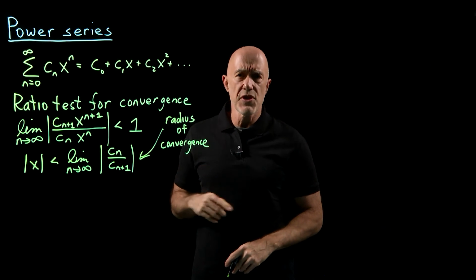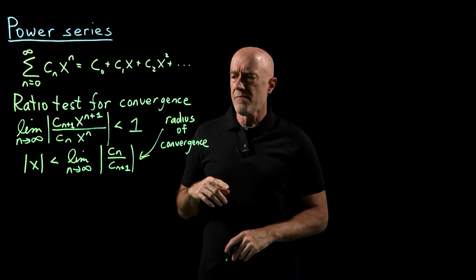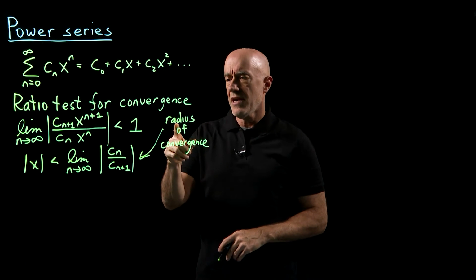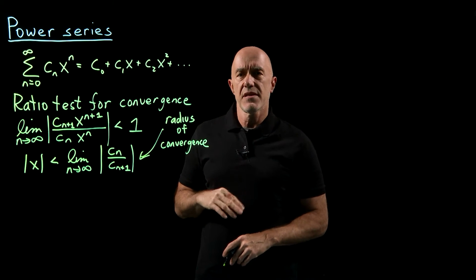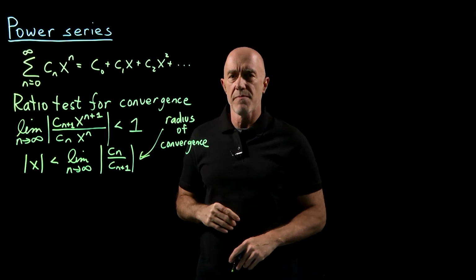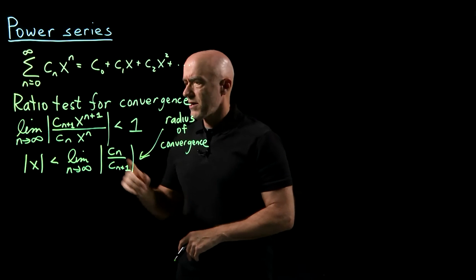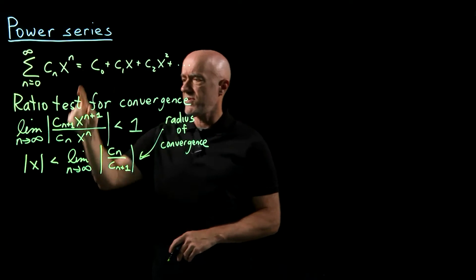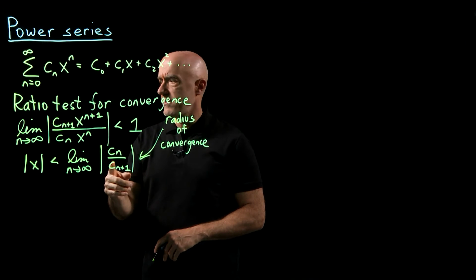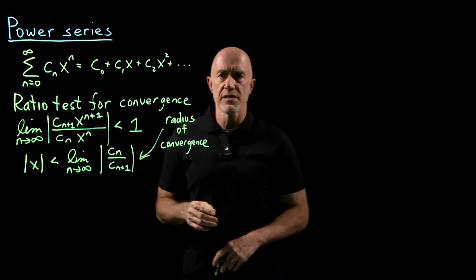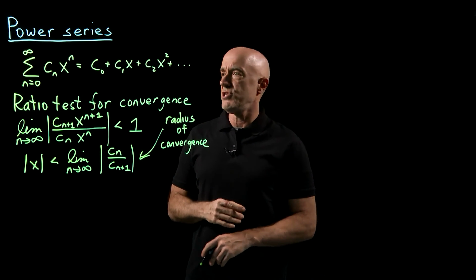The use of the term radius comes from complex functions, and we won't be covering that in this class, but it's an interesting topic in higher mathematics. Okay, when a power series converges according to this ratio test, we say that the power series is absolutely convergent.